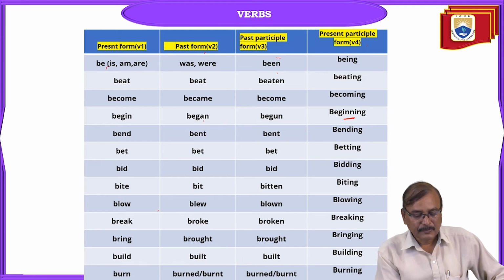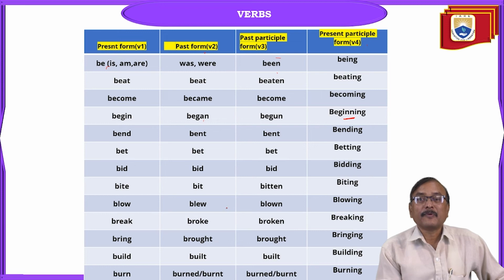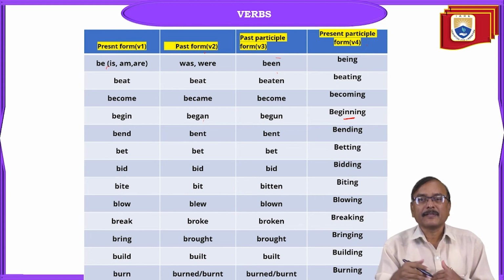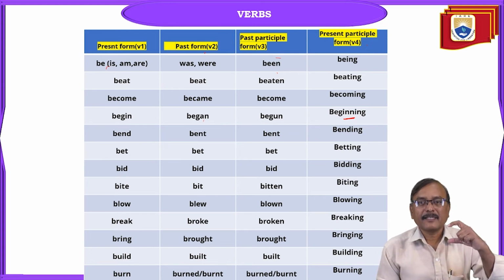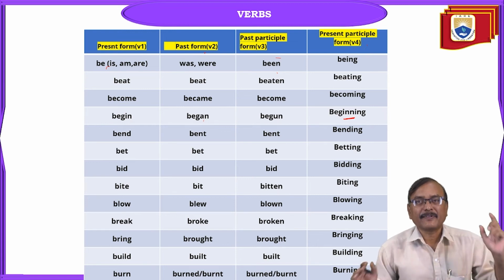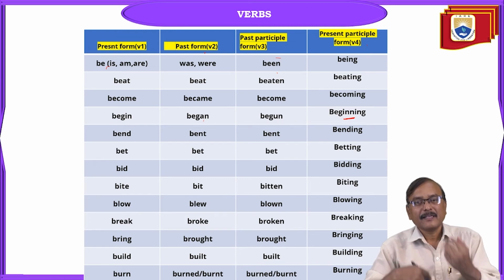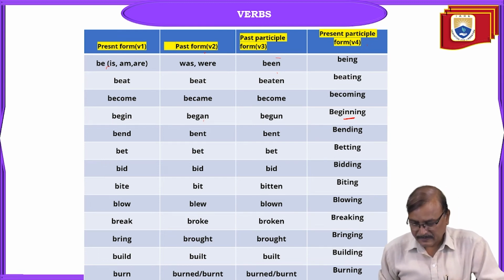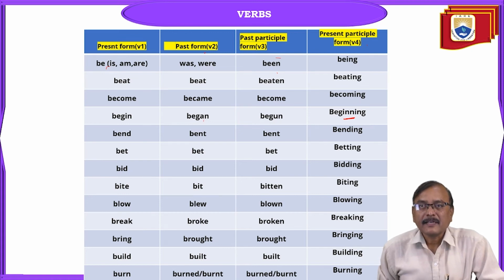Blow, blew, blown. Break, broke, broken. Like this, you have to practice two only. You have to select just two verbs, go through the V2, V3 forms, and again come back and repeat them like that. You have to remember this. Next one.